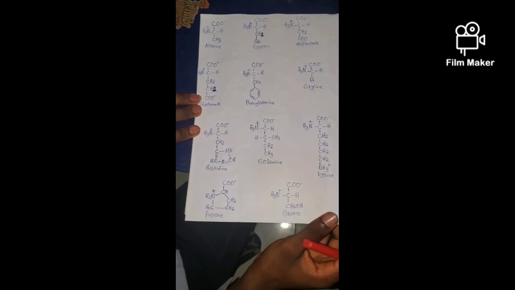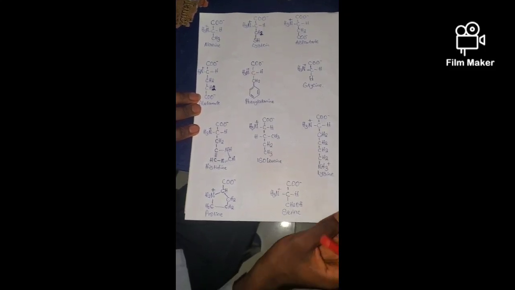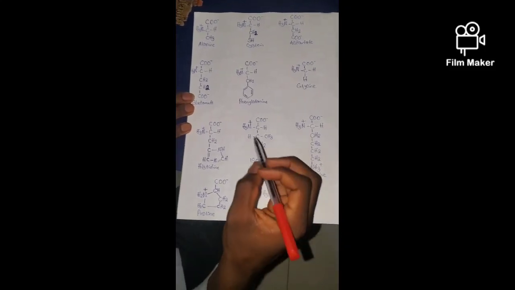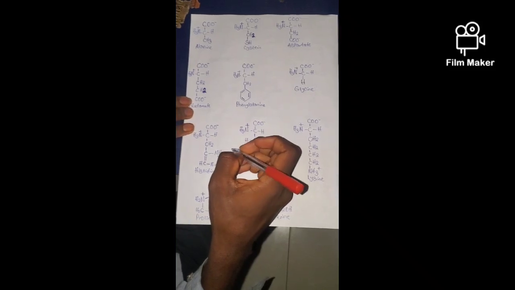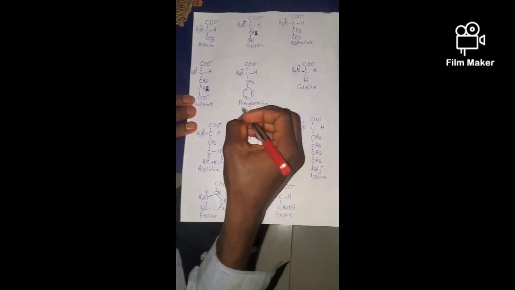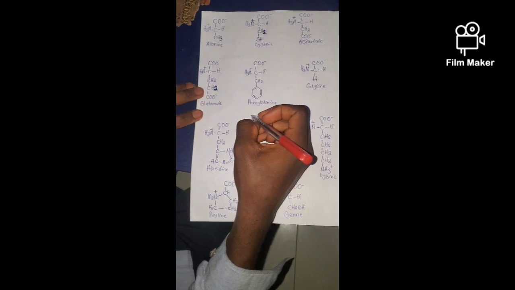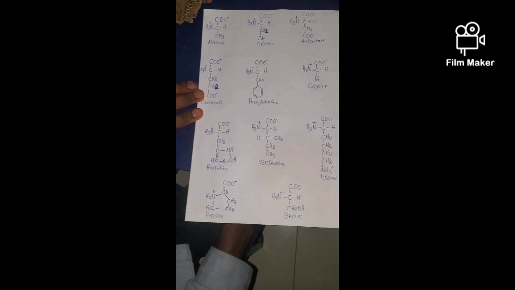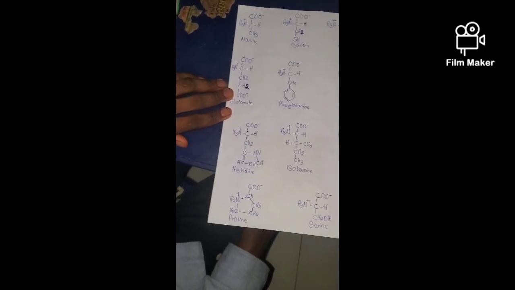When you want to draw them, we often mix them up. But today, I'm going to help us with a trick that will help us to memorize the structures of these amino acids very, very easily.